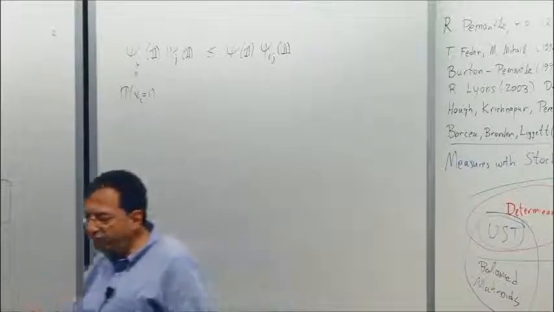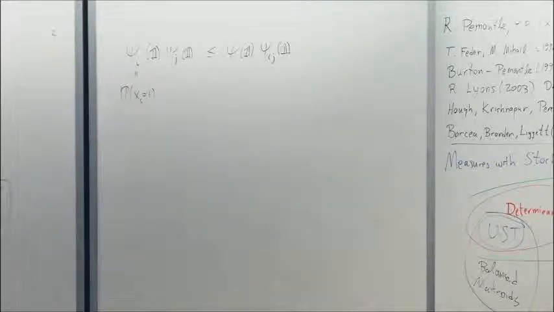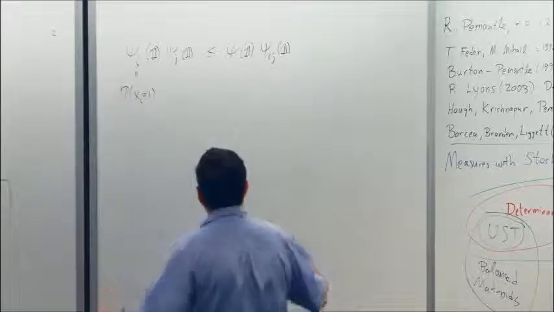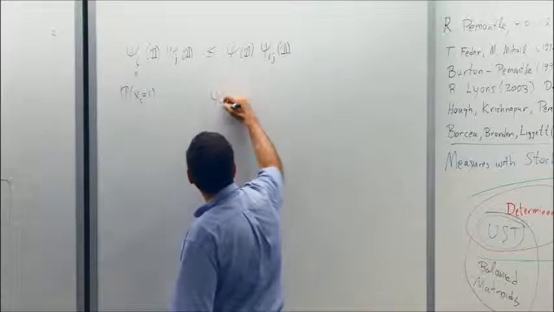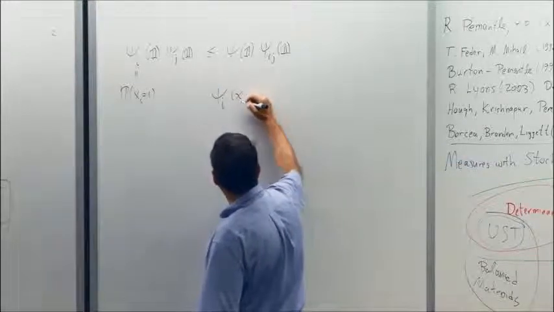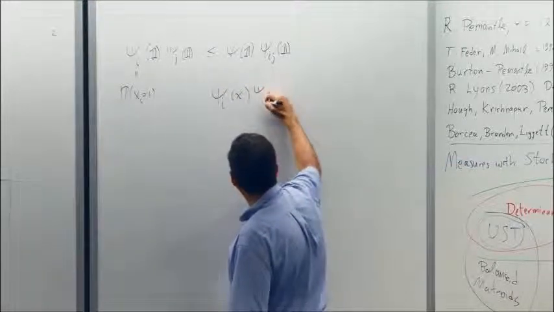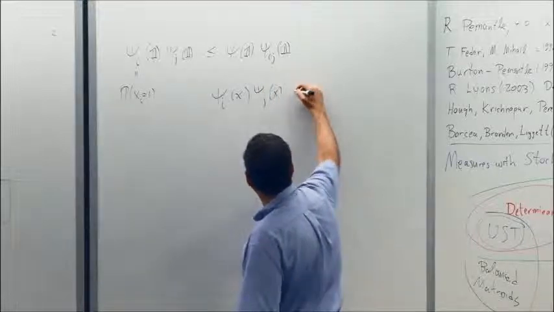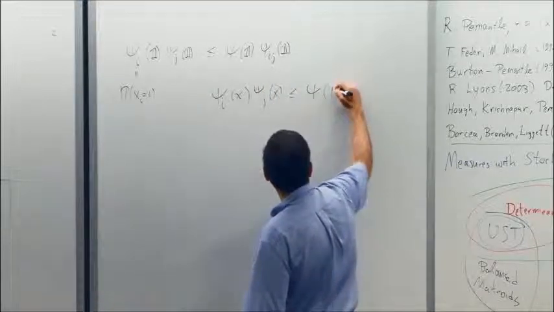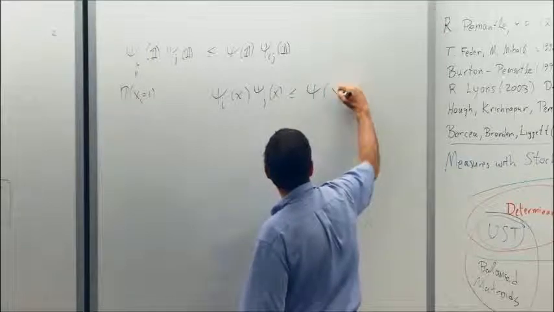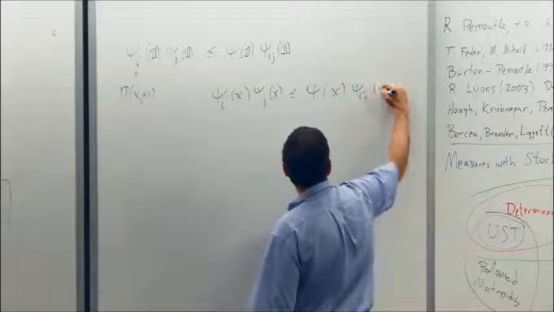Now, in uniform spanning tree, one very natural thing is to put weights on the edges. And weights on the edges correspond to having, for real positive vectors x, psi i of x, psi j of x, greater than psi of x, psi ij of x.